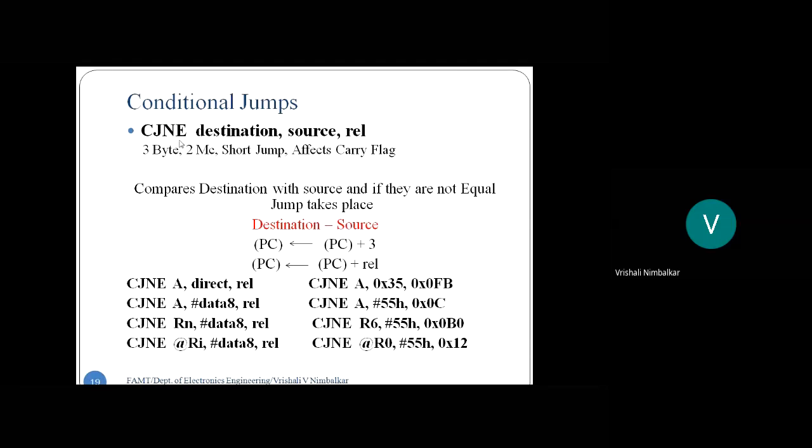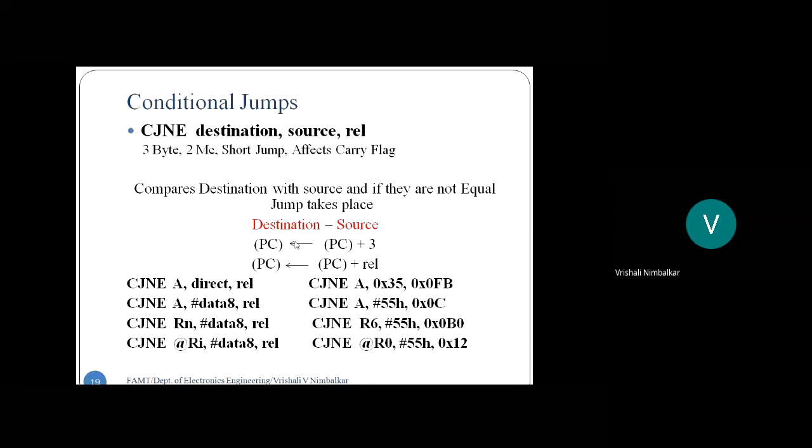It's a jump instruction and a 3-byte instruction. So the program counter gets modified by 3, PC plus 3, right?